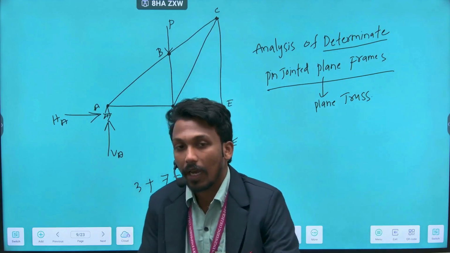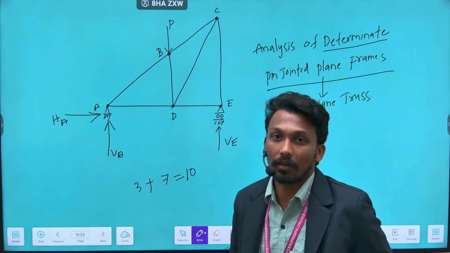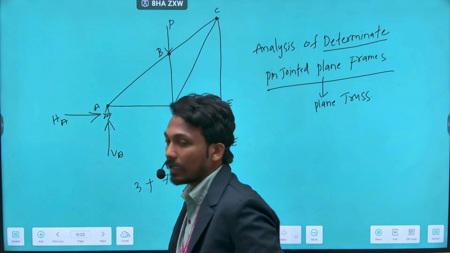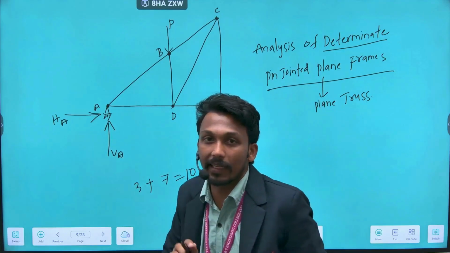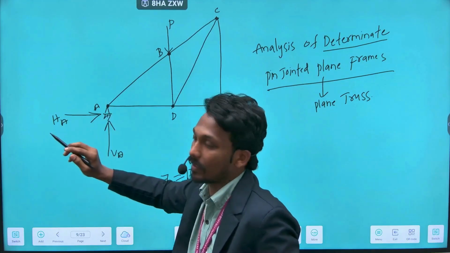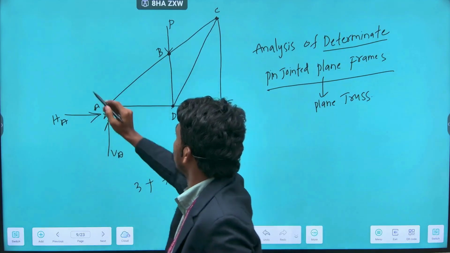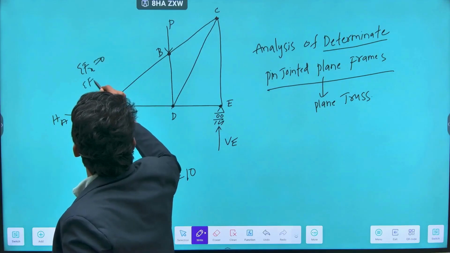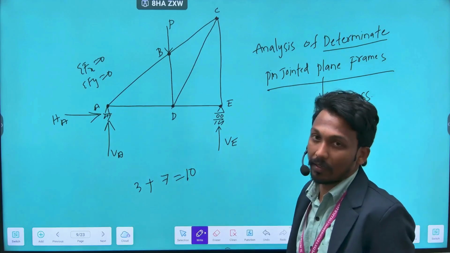Now see, I have already discussed we need the application of equilibrium. At each joint, the joint doesn't offer any resistance to movement. It offers resistance only to translation, meaning at each joint we have only two equilibrium equations, that is sigma Fx equals 0 and sigma Fy equals 0. So at each joint we will have two equilibrium equations.